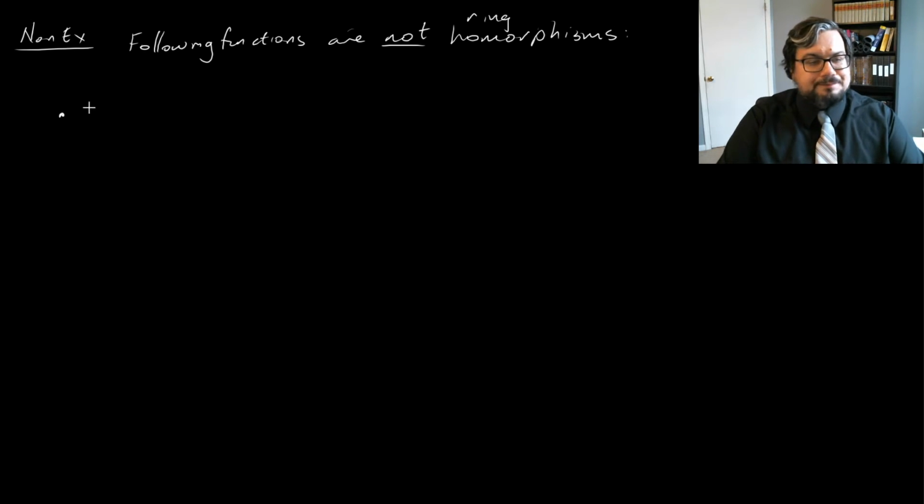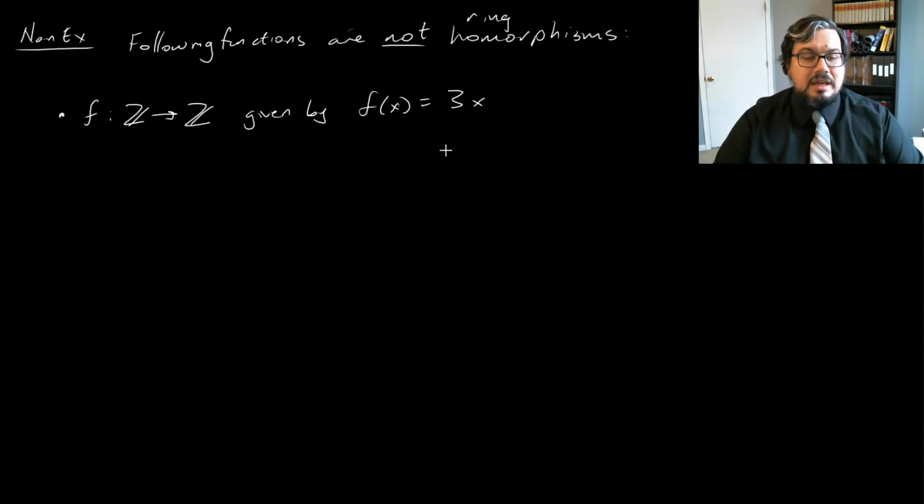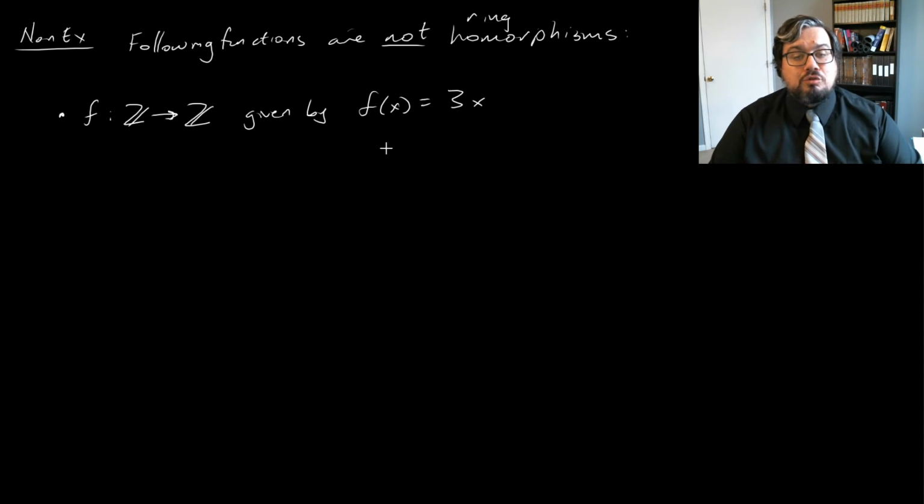For example, the function f from Z to Z given by f(x) = 3x. Now this function actually is a group homomorphism where we're looking at the additive group Z, but it's not a ring homomorphism because it doesn't respect multiplication.